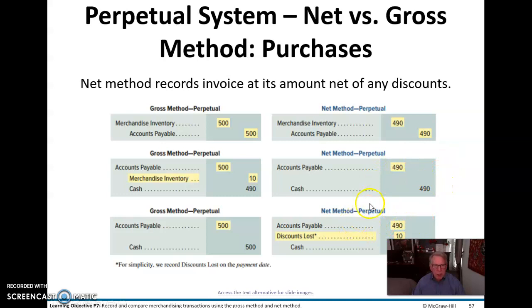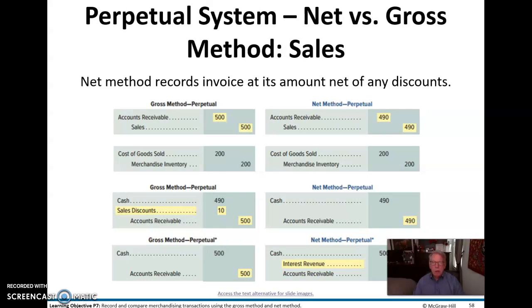Now, if we use the net method, you can see here that we use an account called discounts lost to make the balances all work. An interesting method. By the way, I don't ask you much on the net method versus the gross method other than just basic conceptual understanding.